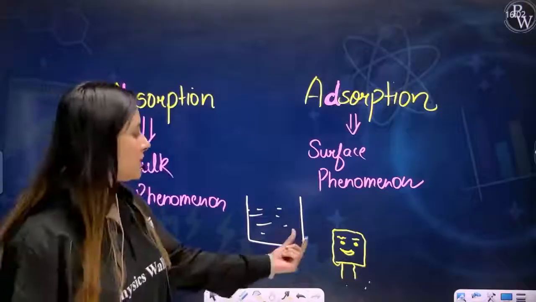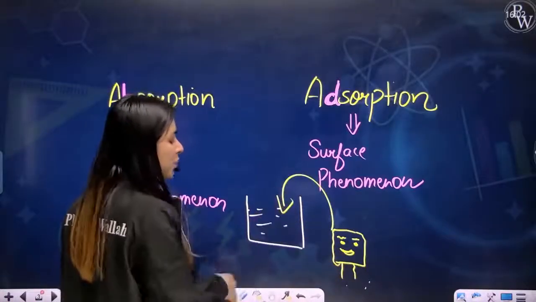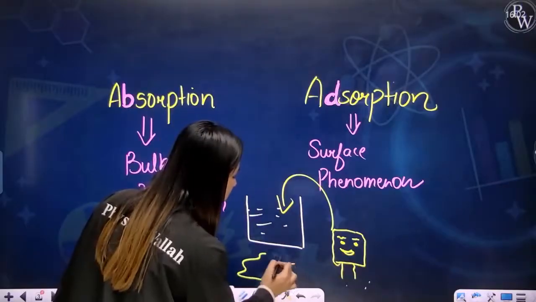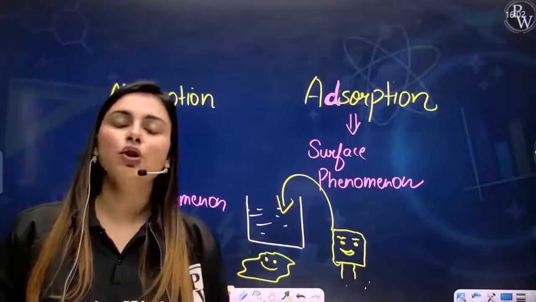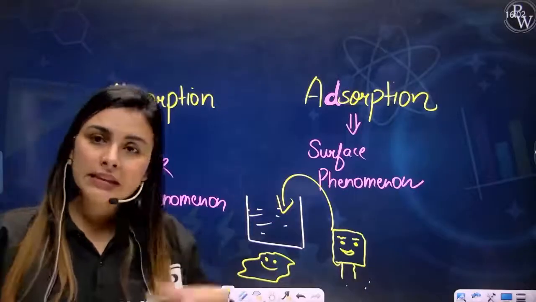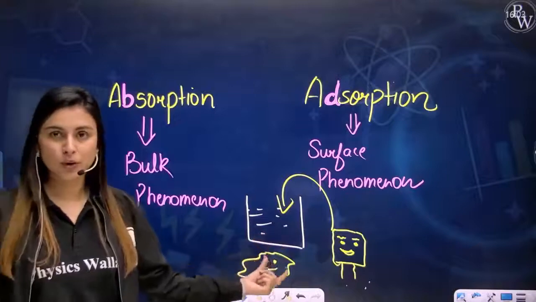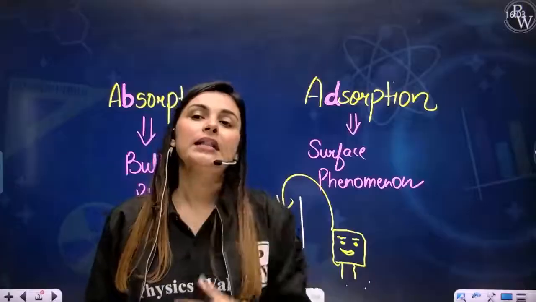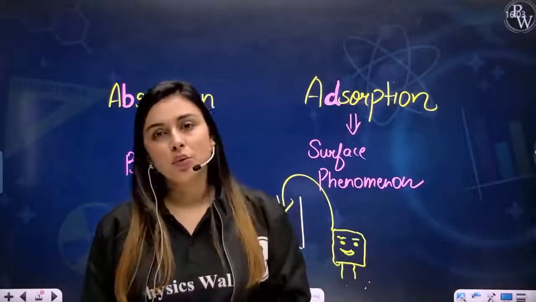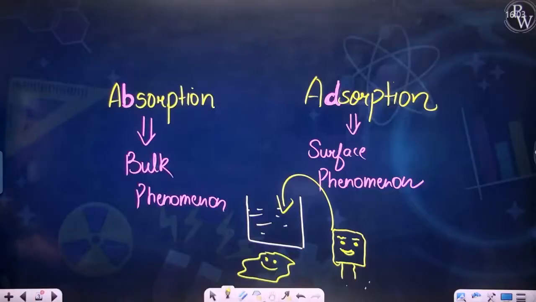What you did, you just got this SpongeBob inside the water, and now your SpongeBob is like this. Why? Because it has absorbed the water. It has absorbed the water in the bulk. Okay, so this is absorption and not adsorption. Adsorption occurs only on the surface, whereas absorption occurs in the bulk of the system. Yes, so this is the basic difference between absorption and adsorption.